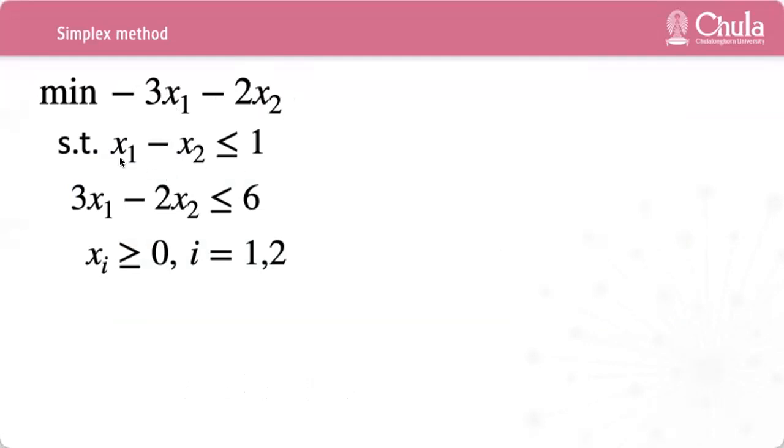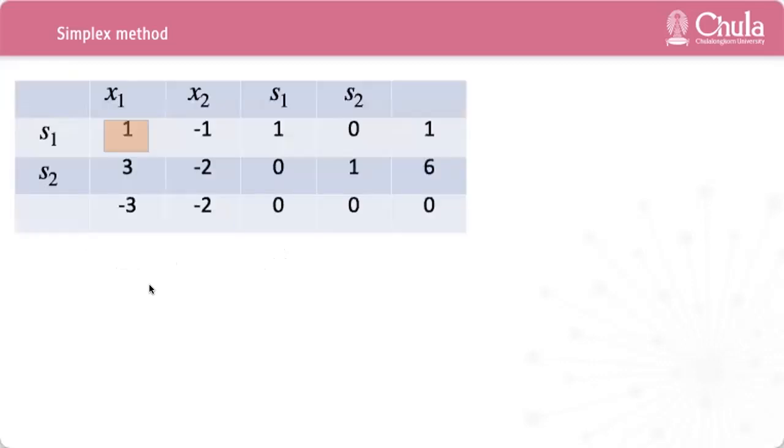For the constraints, you have x1 minus x2 less than or equal to 1, which has 1 on the right hand side already. It's good. And 3x1 minus 2x2 less than or equal to 6, which is positive already. And x1, x2 are both non-negative, which is good.